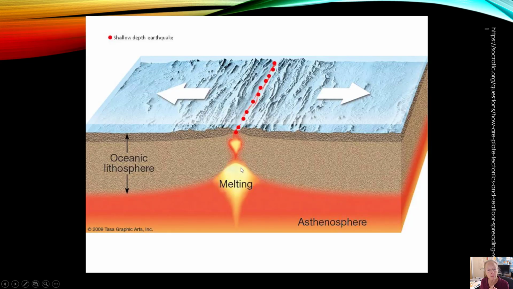And magma comes up, and it cools and it becomes igneous rock. And then more comes up and it pushes the rock that's up there already apart. So one side is going towards Europe and Asia, and the other side is going towards the Americas. So that would cause the seafloor to spread and the Atlantic Ocean to get bigger.